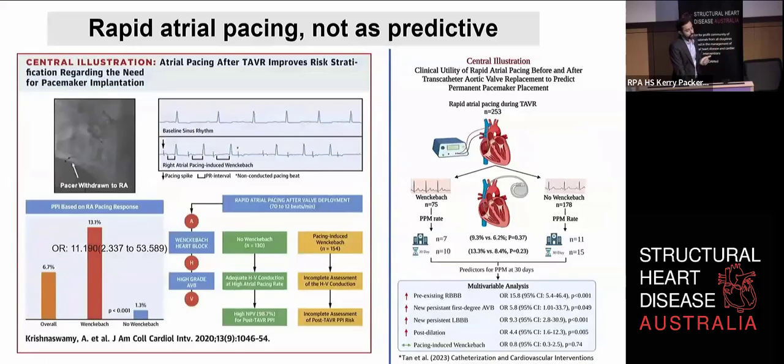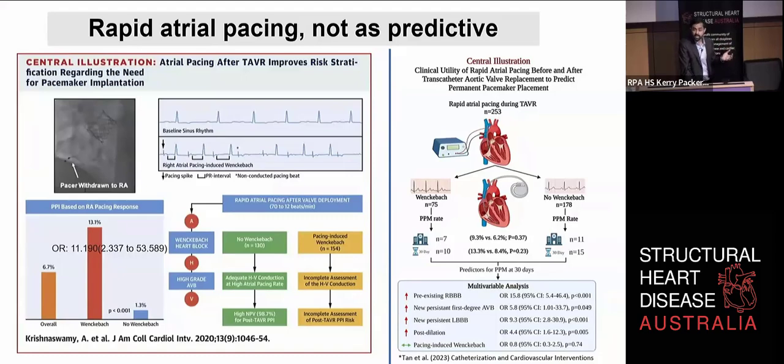I won't labor this point too much, but rapid atrial pacing or the AV Wenckebach cycle length gathered quite a bit of excitement in 2019. A group out of the Cleveland Clinic were able to show that if you rapid atrially pace, so in the right atrium, if you incrementally pace faster and faster and effectively stress test the AV node post your TAVI, then you might be able to determine whether the AV node's healthy or not.